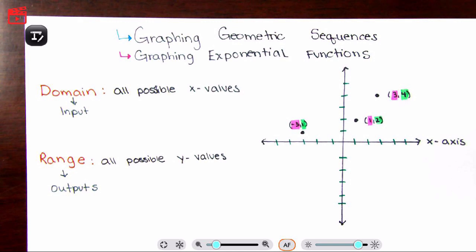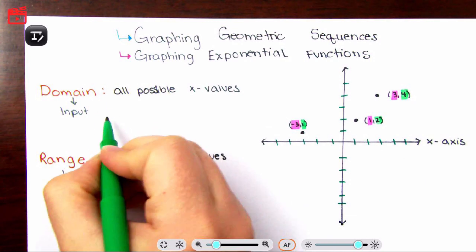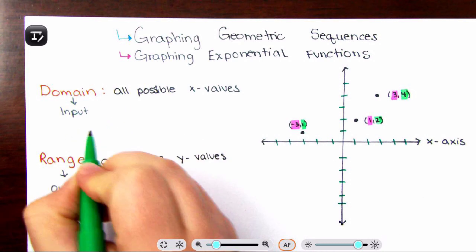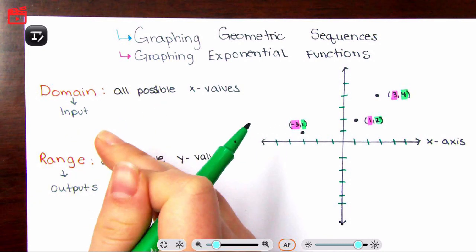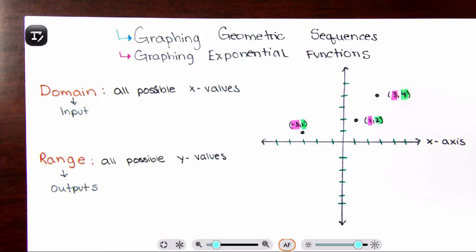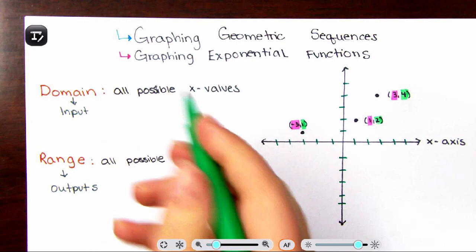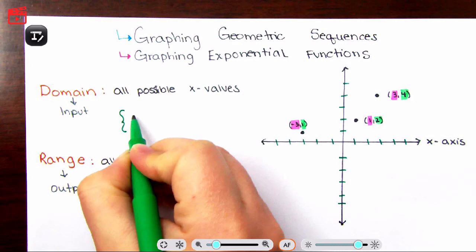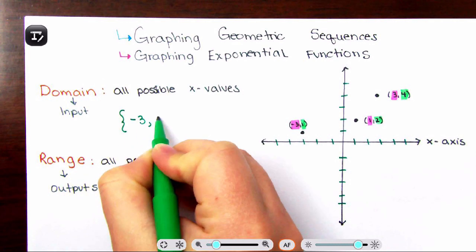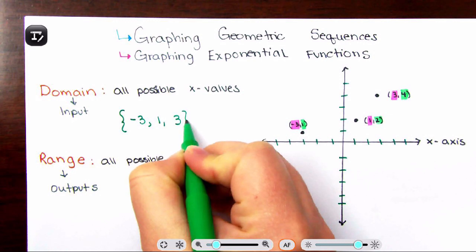So for all possible x values, you're going to write them in order without repeats. We already did writing domain and range before, so it's the same thing. So you're going to put little curly brackets, and you're going to write all of the possible x values. So in this case, -3, 1, 3.